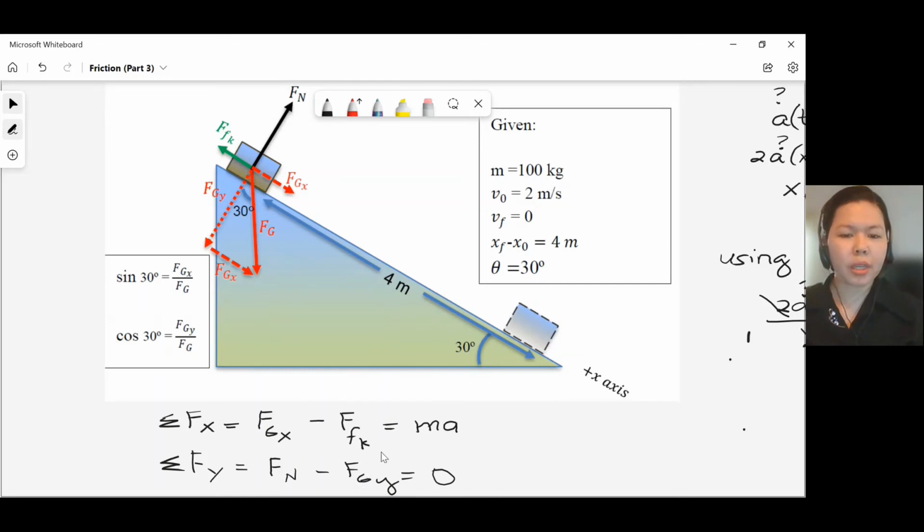And for Fgy, we look at this, cosine 30 degrees equals Fgy over Fg. So Fgy is Fg cosine 30. So we write that one down.